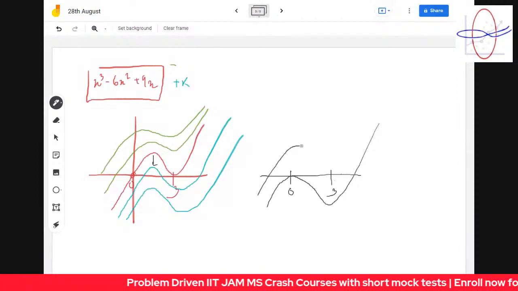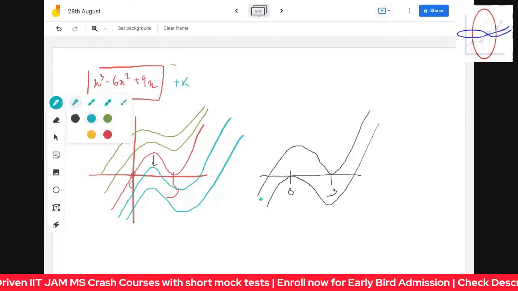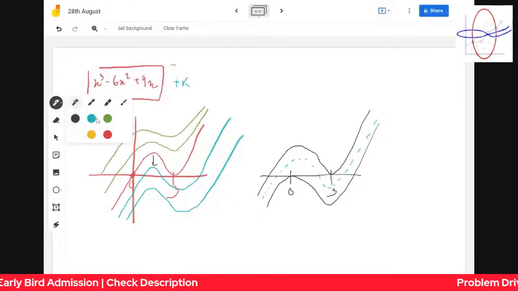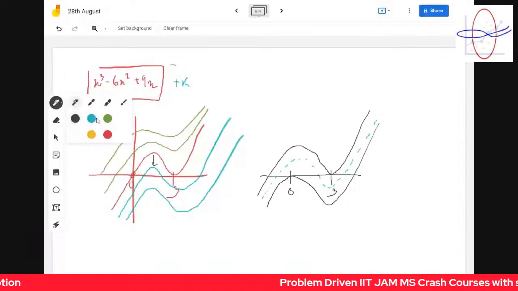In the band inside, all cases have 3 roots. Outside this, at this band, it's 2 roots. Under it, any curve lower, it's all 3.